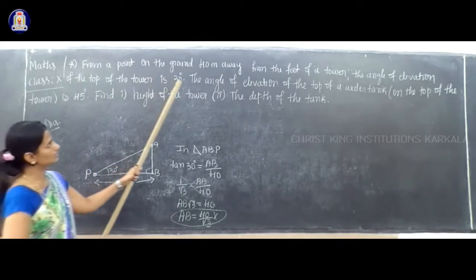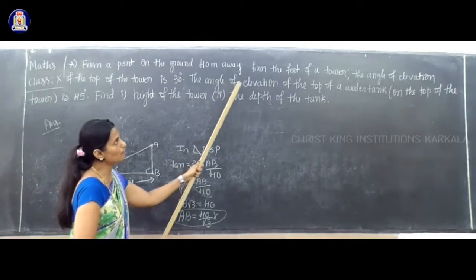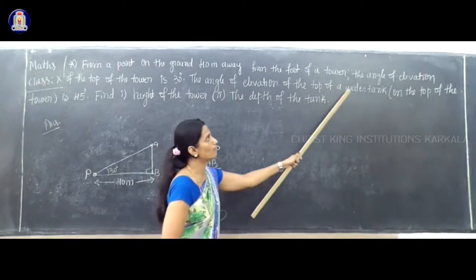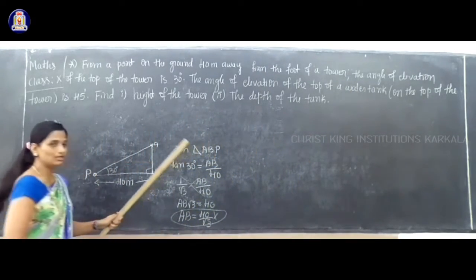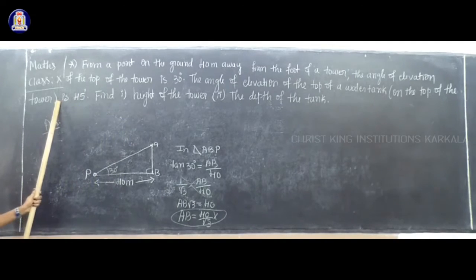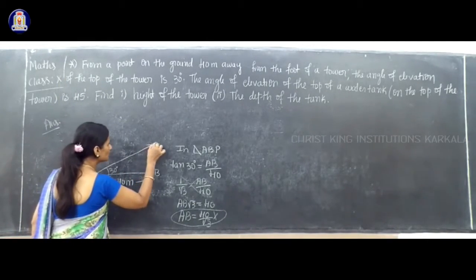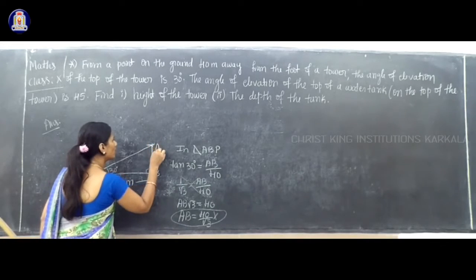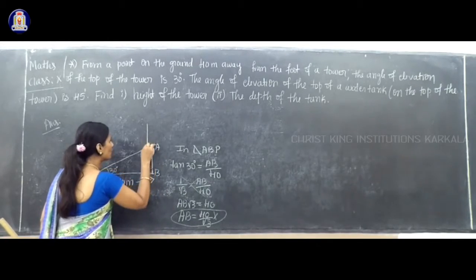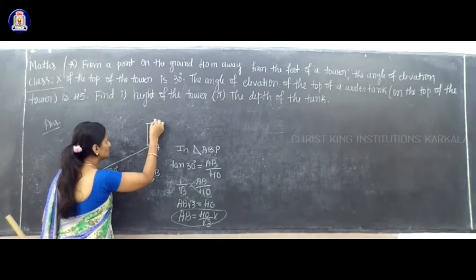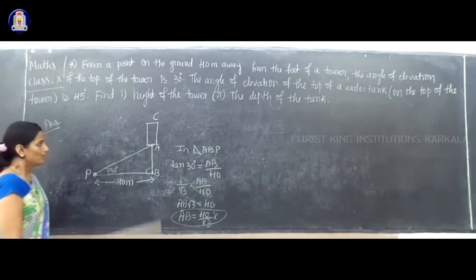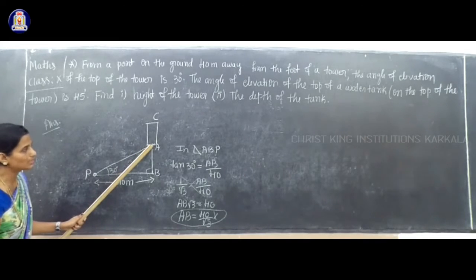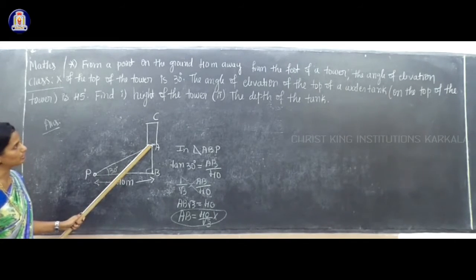Now next is the angle of elevation of the top of a water tank. So where is that water tank? The water tank is kept on this tower. So this point is A. This is your water tank, so that is C. Correct? AC is the water tank which is kept on the top of the tower.